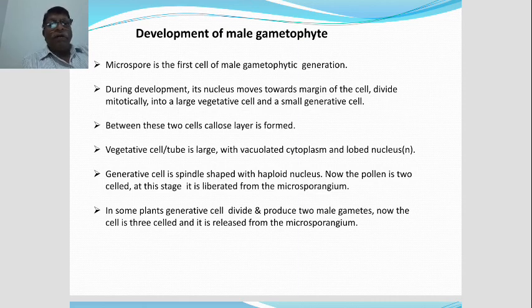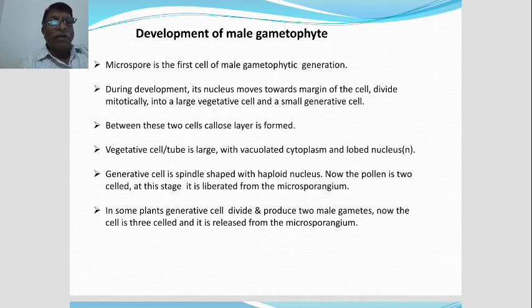Now, the vegetative cell. As I told you, the vegetative cell is also called tube cell, which is large when compared to generative cell. Its cytoplasm contains many vacuoles, that is, vacuolated.